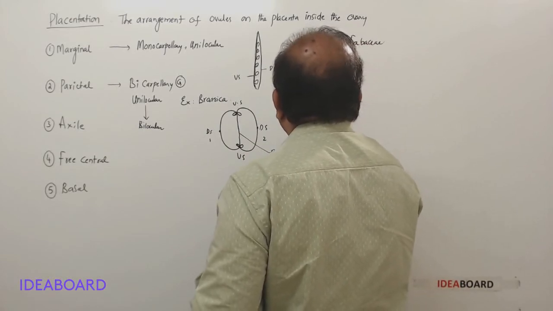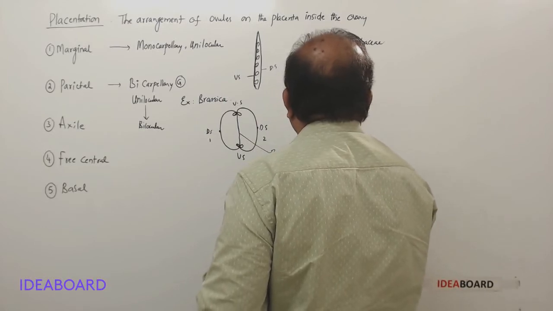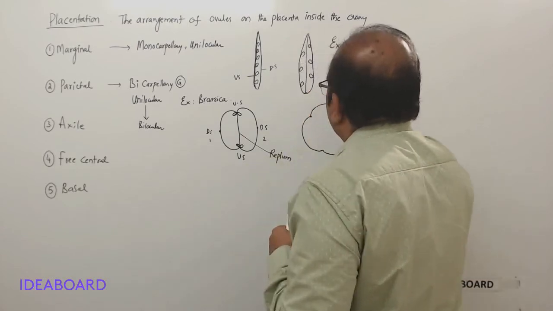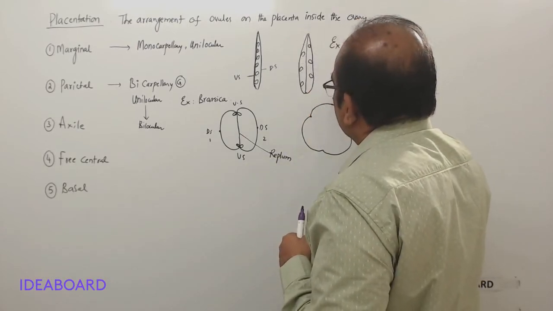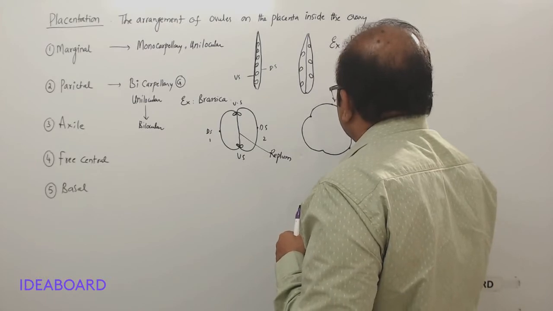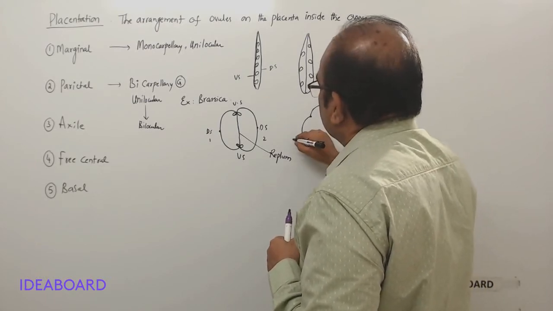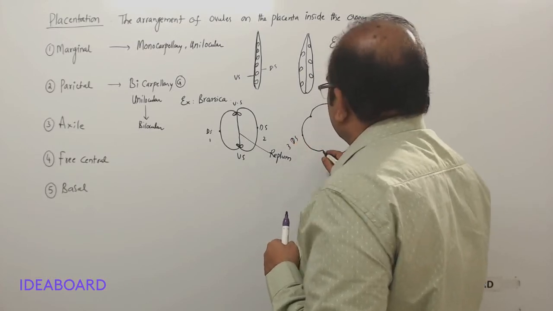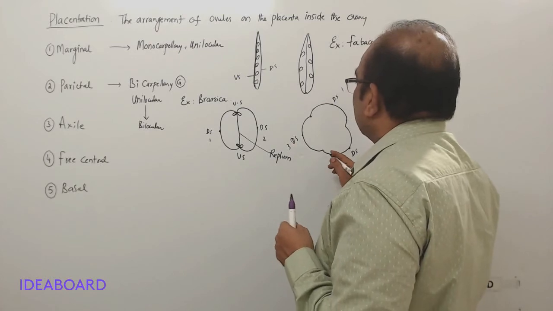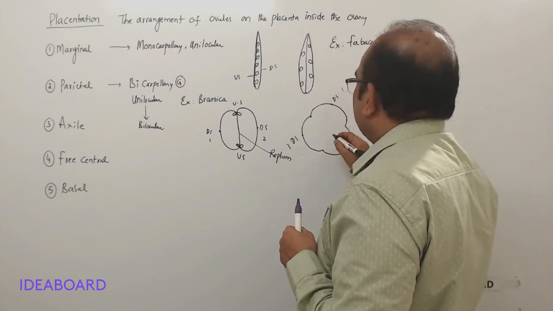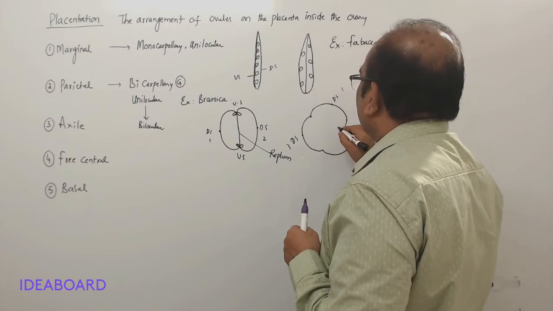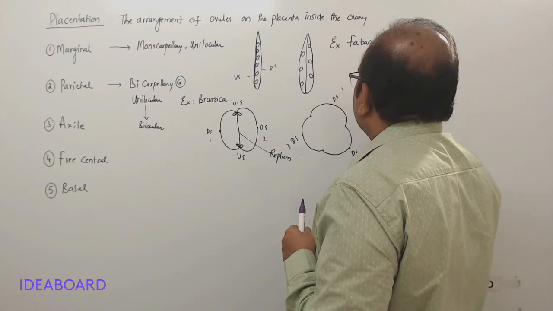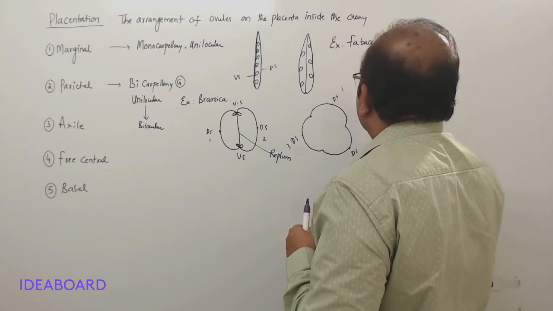There the gynoecium is tricarpellary, and let me say this is the dorsal suture of first carpel, dorsal suture of second carpel, and this is dorsal suture of third carpel. 1, 2, 3. But you can see the carpels are fused only at the margins, because of which we are finding only one locule. So it is tricarpellary unilocular.